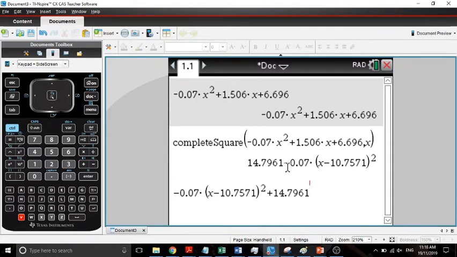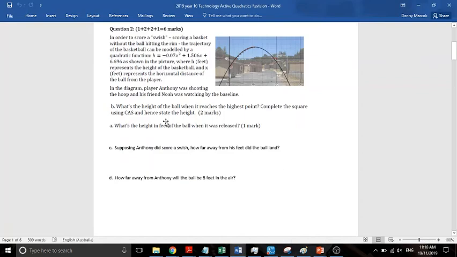That's how we normally write it, but CAS gives it to us like this, so it's important that we realize that our constant, just our number without any x's involved, is the y coordinate of our turning point. So we end up with a maximum height of 14.8 feet high.